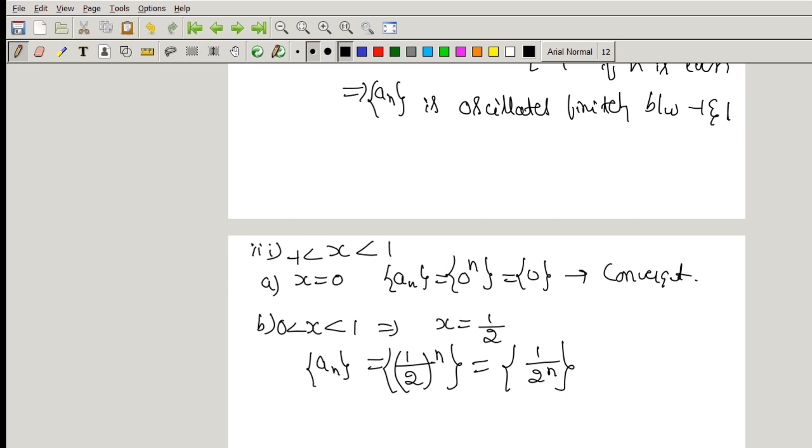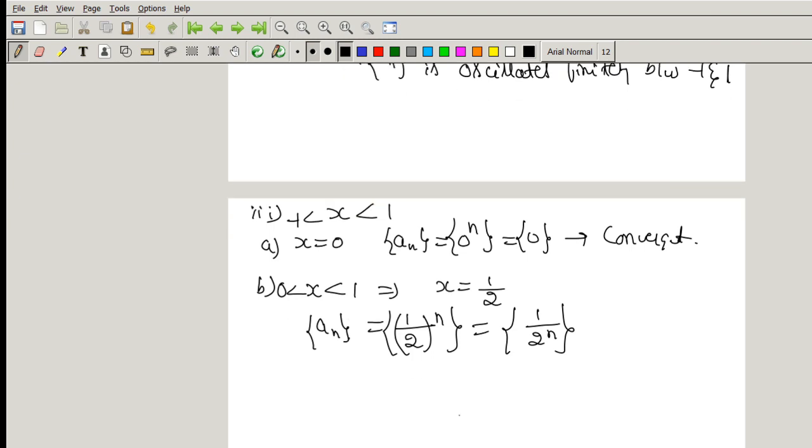I'm just taking some particular examples. But between 0 and 1, the denominator is always greater than the numerator. Therefore, the denominator approaches infinity faster than the numerator. If the numerator is finite, the denominator tends to infinity, so 1 by infinity always converges to 0.